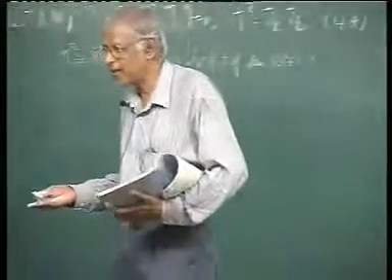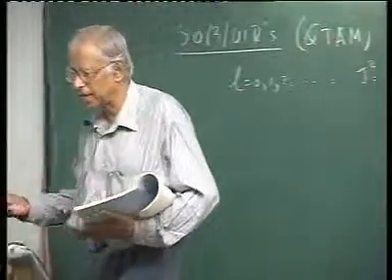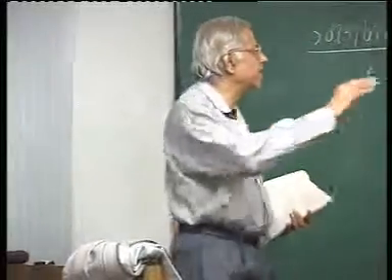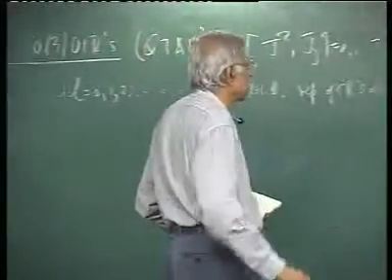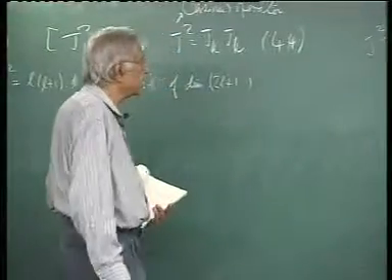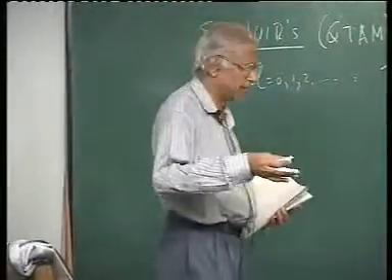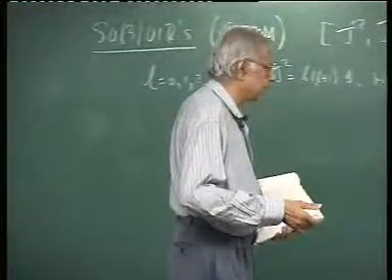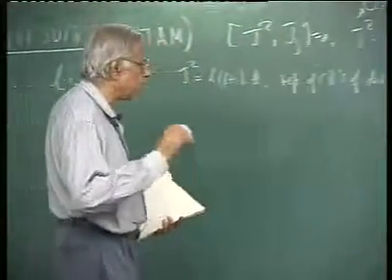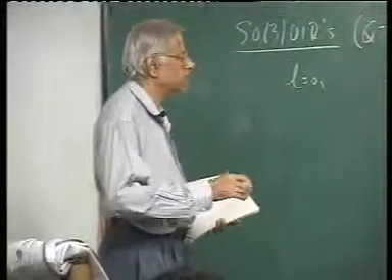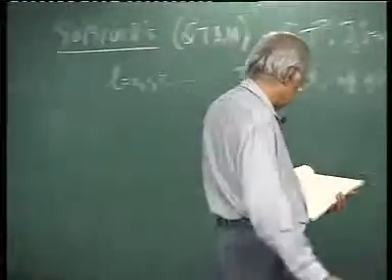Actually, J squared can be dropped because it's a multiple of the identity. It has no variation among the vectors of the representation space because we are dealing with an irreducible representation. So J3 by itself, by convention, is chosen to be the operator whose eigenfunctions give you an orthonormal basis.